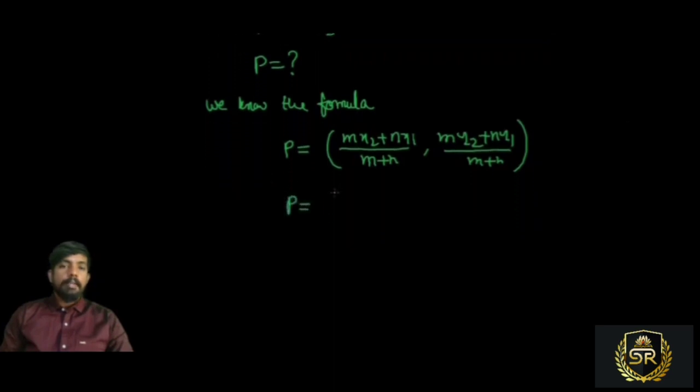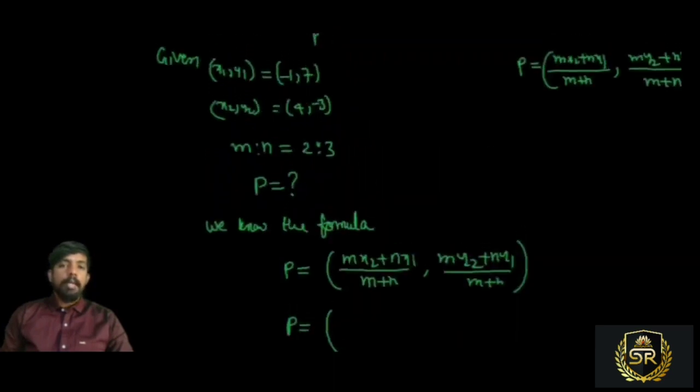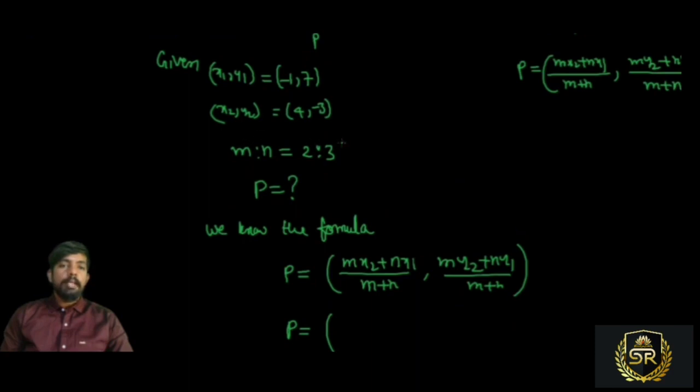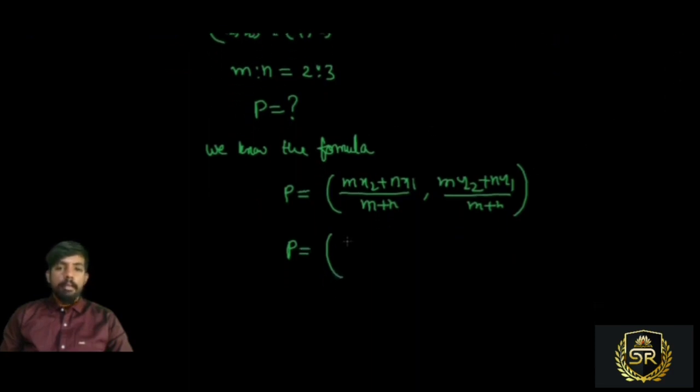M is 2, n is 3, right? So 2 into x2 plus 3 into x1 by 2 plus 3 comma 2 into y2 plus 3 into y1 by 2 plus 3.